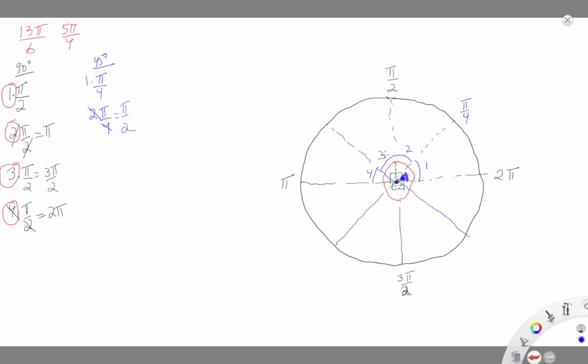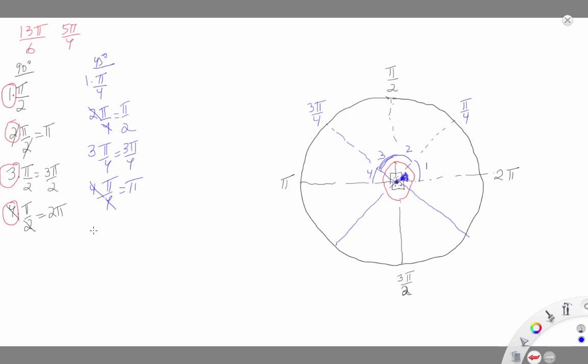Then I go another 45 degrees over here, and I get 3 pi over 4. I cannot simplify that, so I'm just going to write 3 pi over 4. And then I go another 45 degrees, and I get 4 pi over 4. And guess what? I can simplify that, and it becomes pi, which I already have.